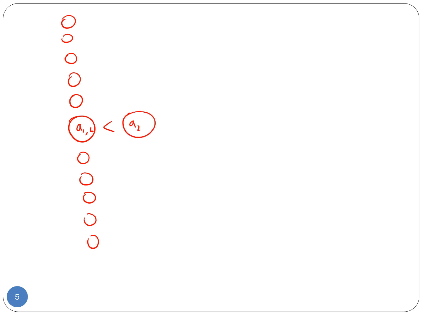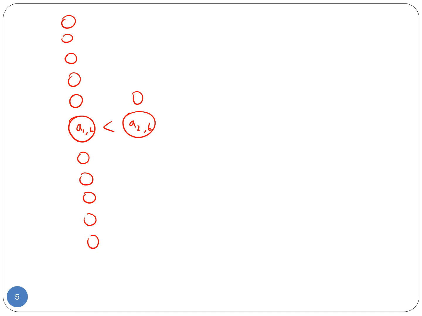So let's arrange all the elements of the input in a grid format, where the elements are increasing top to bottom and then left to right. Let's say this is our a of 1 comma 6, the first column and sixth row. On top of this we have 5 elements, and below also we have 5 elements. Now this is smaller than, let's say, a of 2 comma 6, so the elements are increasing in the downward direction.